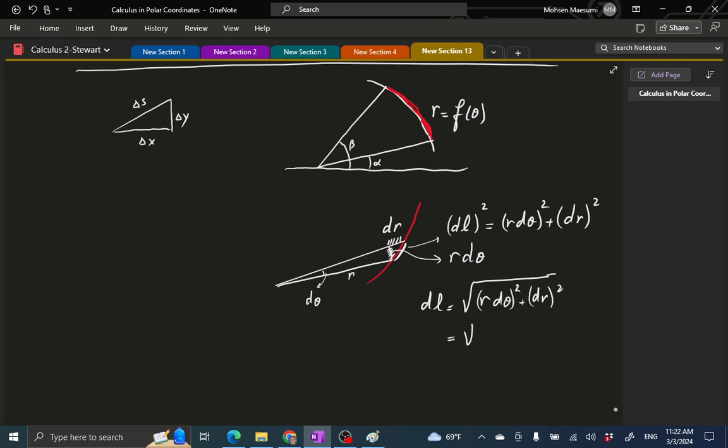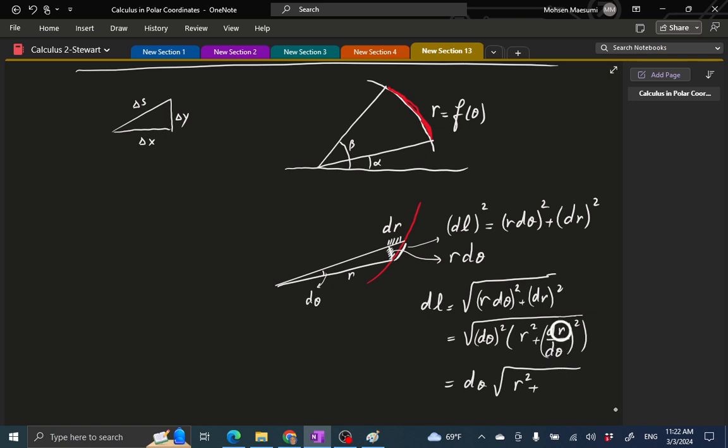Next I can go ahead and factor out d theta squared, and then I'll have r squared plus, there is no factor of d theta here, but I can put it in a denominator, just like a fraction. Then I can take d theta outside, so we'll have d theta times the square root of r squared plus, now who is dr d theta?